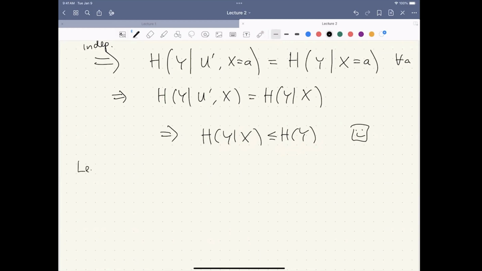So here's the important lemma, subadditivity. We've seen it before.